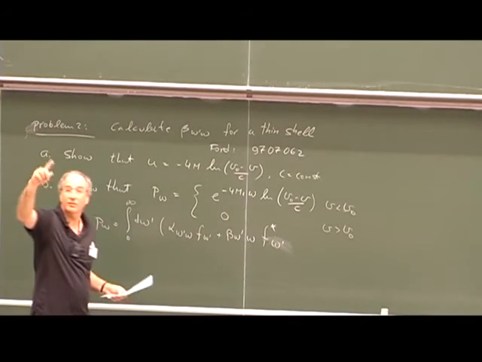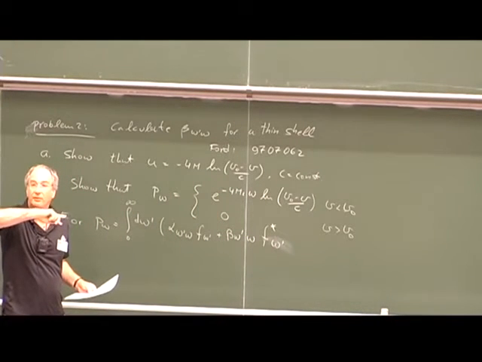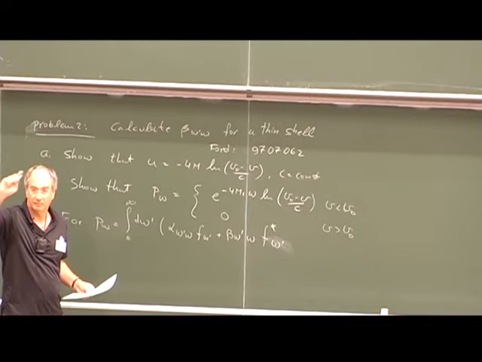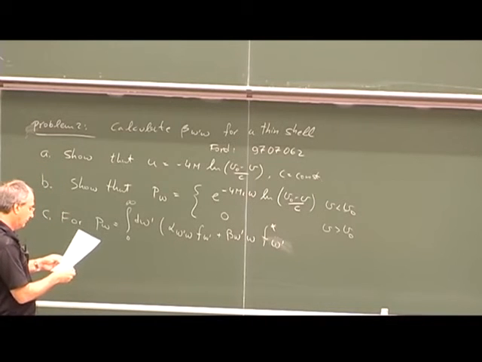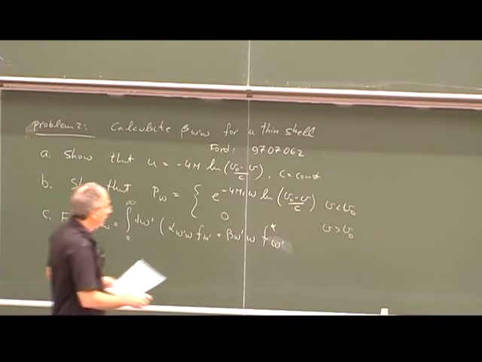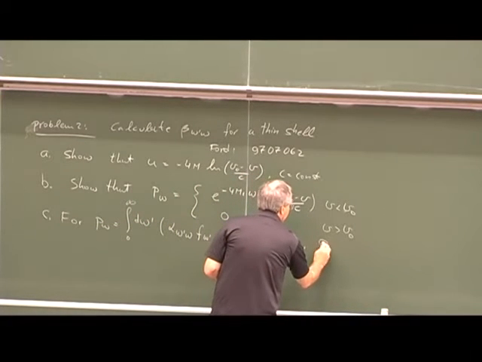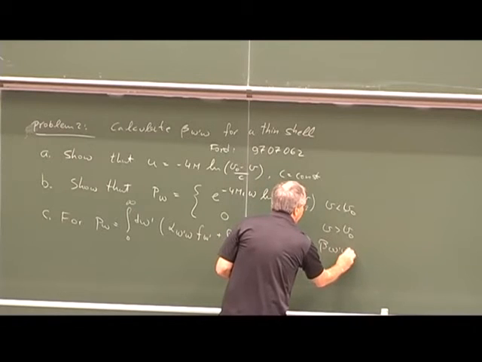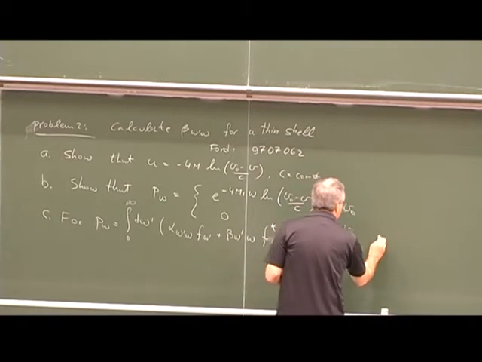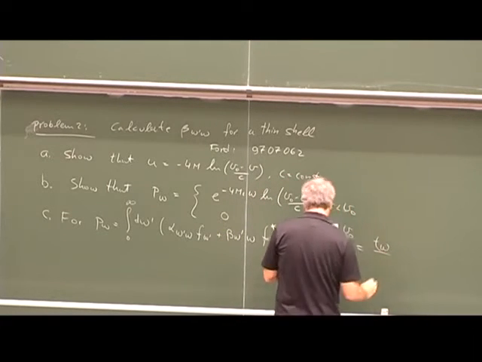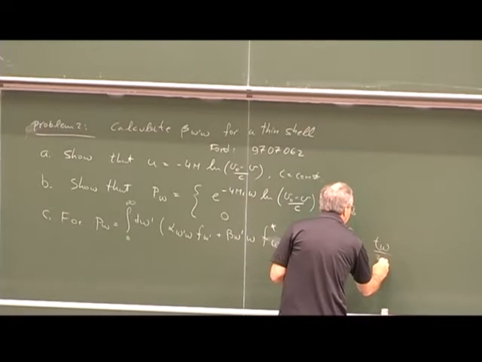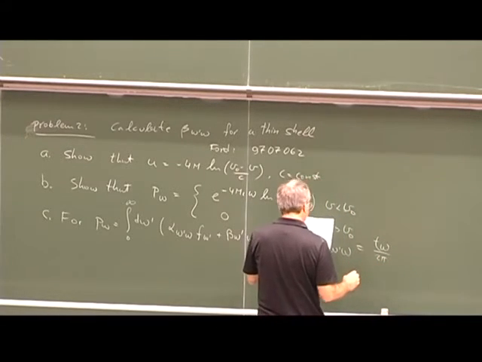Can you see upstairs? Is it still visible? Okay, so for that, show that beta omega prime omega is equal to T omega. That's a transfer coefficient. You should forget about it.